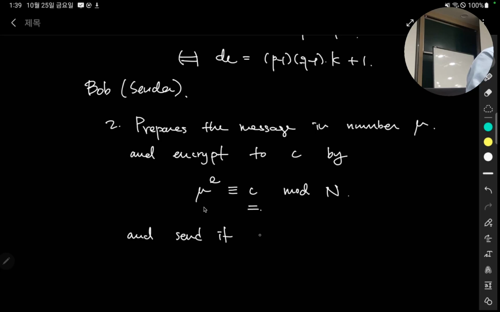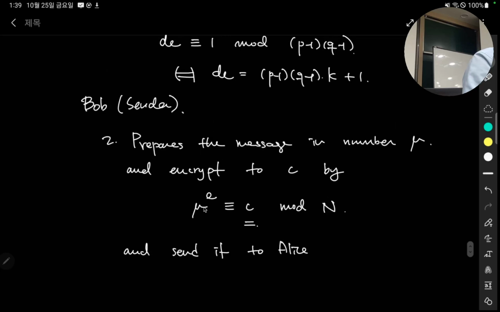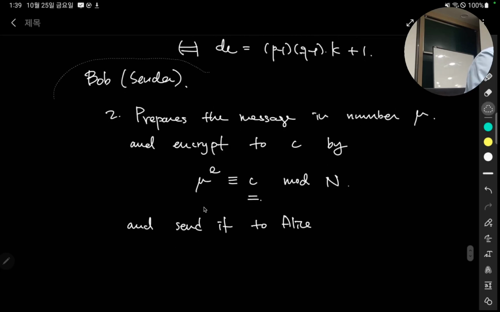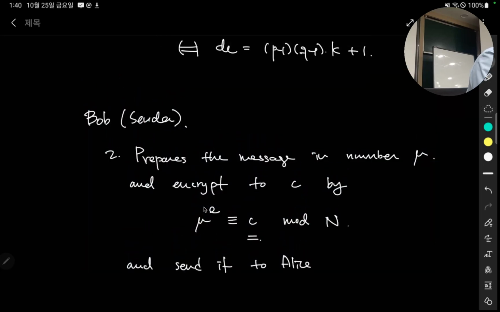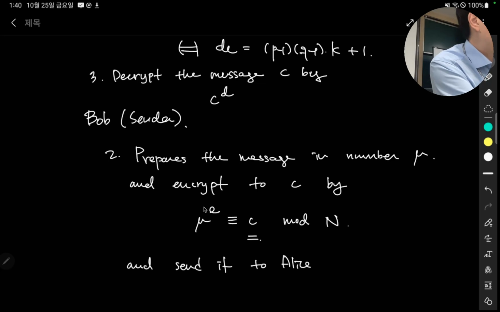So send it to Alice. So what does Alice do next? After receiving Bob's message as C, the third step is to decrypt the message C. Now E is part of the public key, but you have a counterpart to E, which is D. D is kept by Alice secretly.